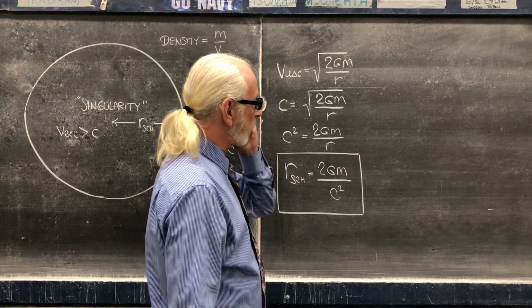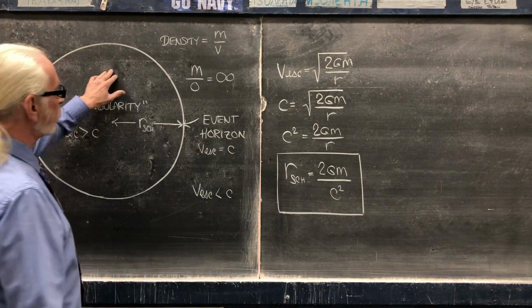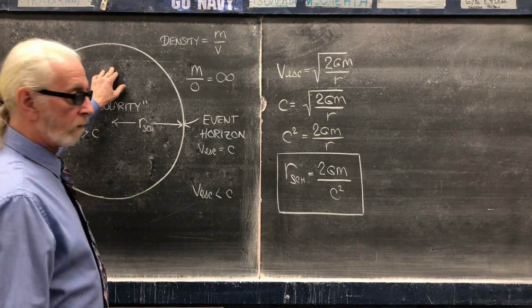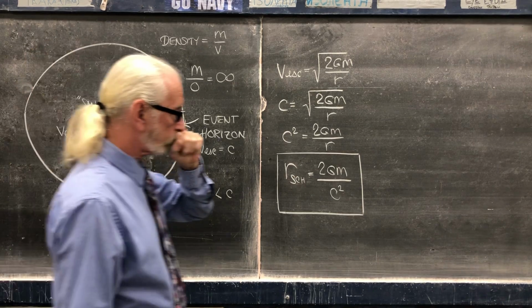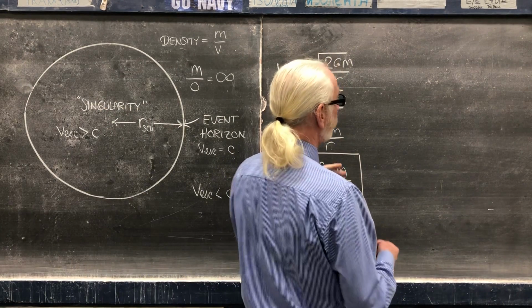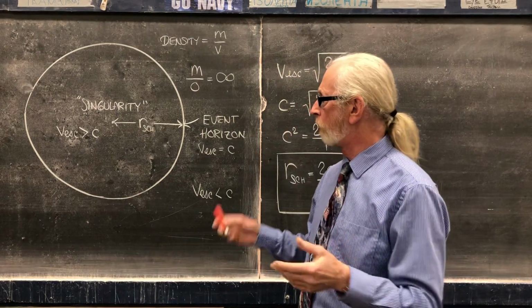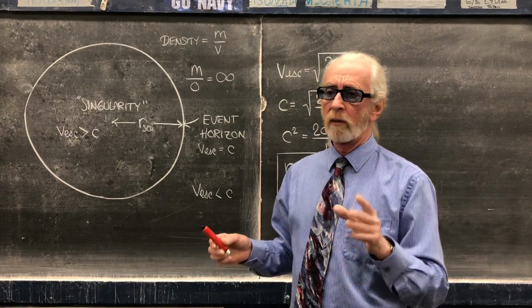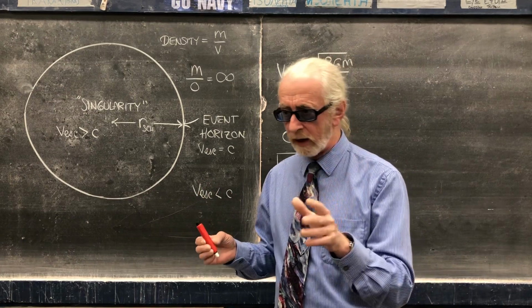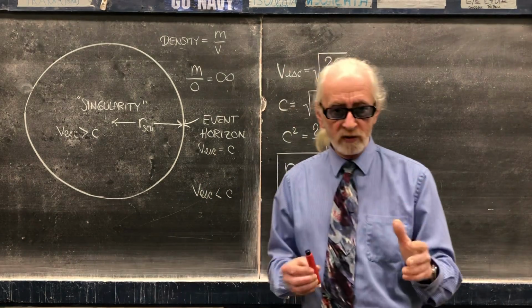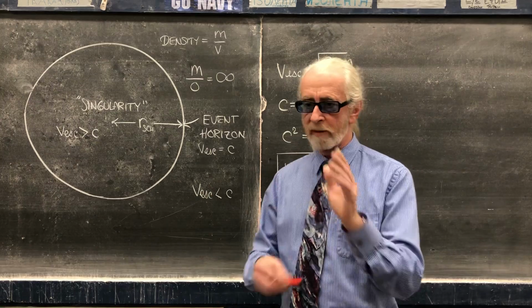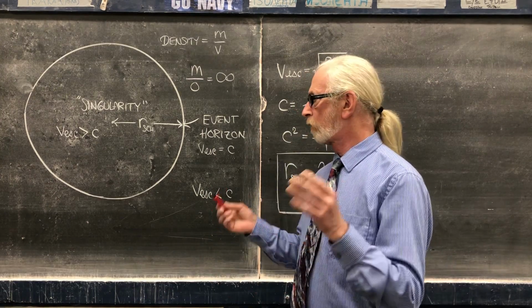One last thing. This is referred to as a Schwarzschild black hole. But there is another type of black hole, and I should also hasten to add that what we are talking about are stellar black holes, black holes that were born of individual stars. We're not talking about supermassive black holes, but individual stellar black holes.